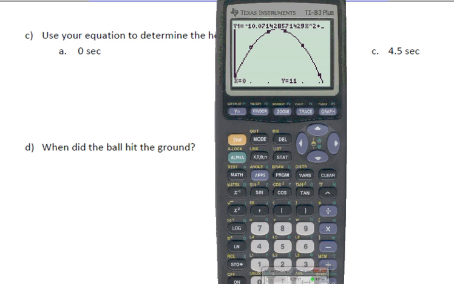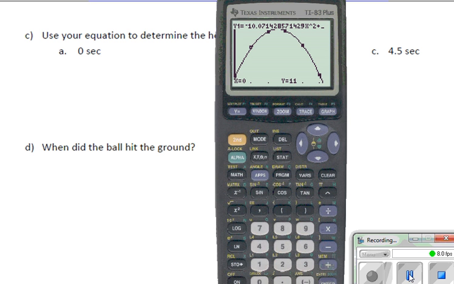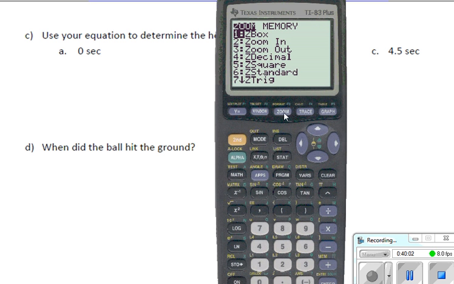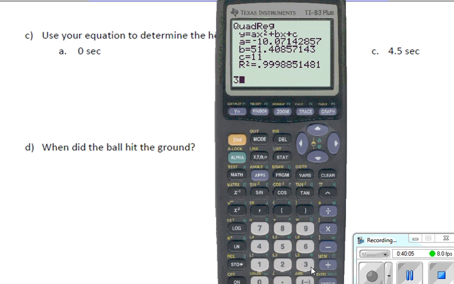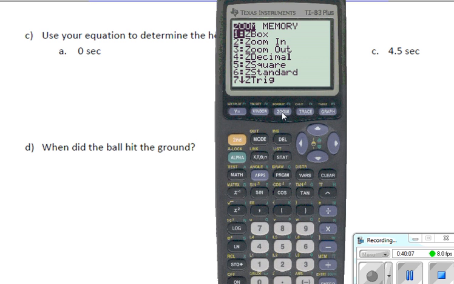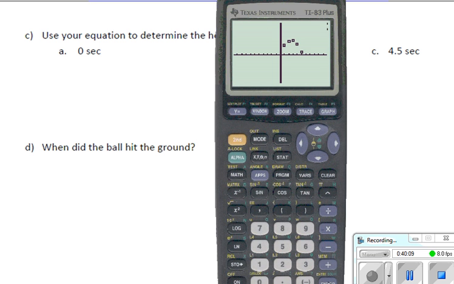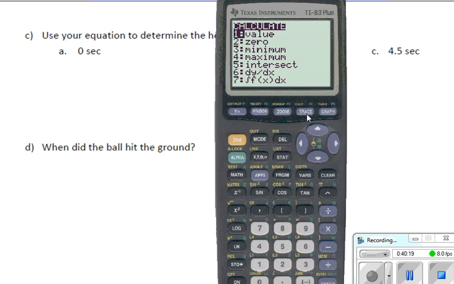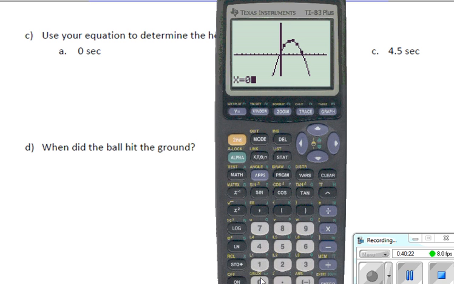Okay, guys. If you're getting an error, a lot of your graphs look like this. You have to zoom out because I can't see it. Zoom, 3, enter. Okay, so your graph should look like this. Now when you go second trace value and put in x is 0, it'll give you your answer.